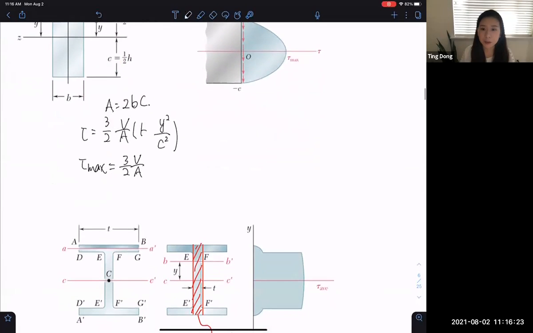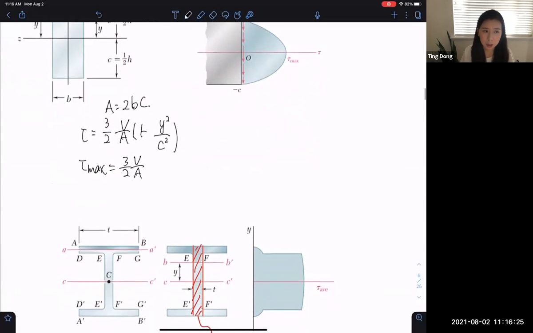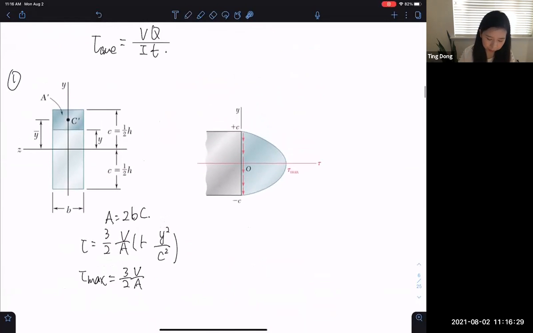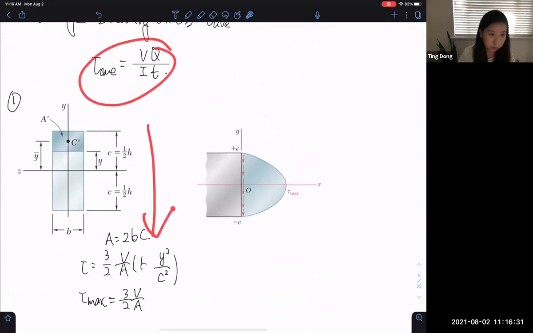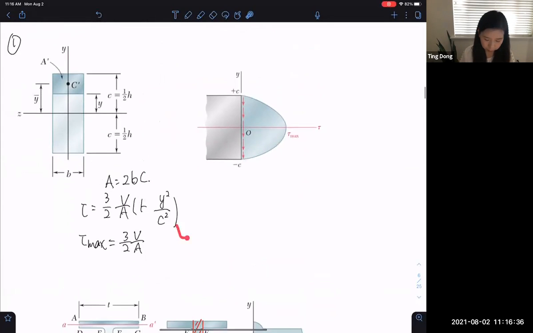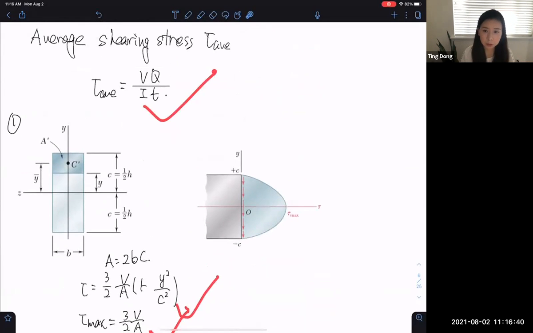So this is one special case for the rectangular cross section. It is derived directly from this general equation, and everything you calculate, if you use this equation or that equation, the result should be exactly the same.